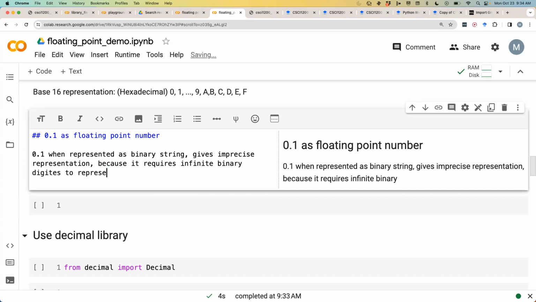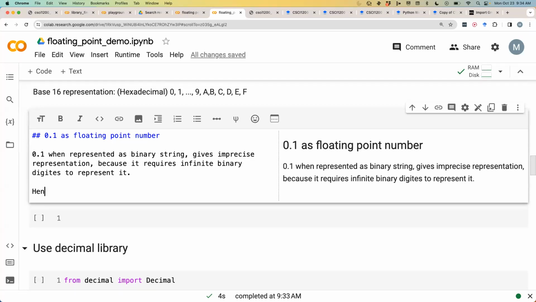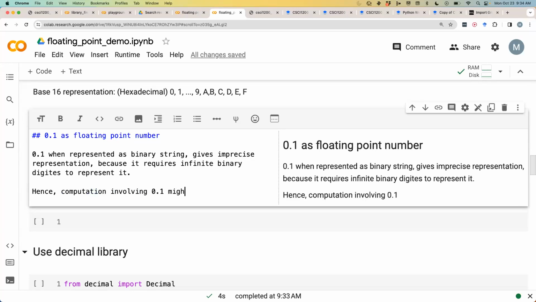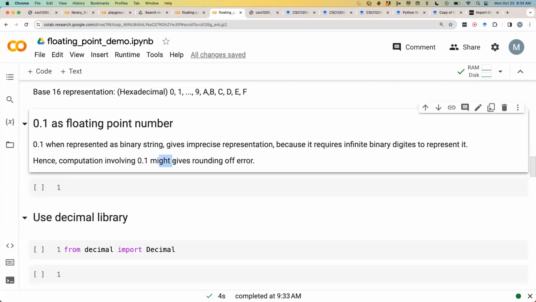And of course, we don't have infinite memory, okay? So hence, computations involving 0.1 might give rounding off error. So I put here "might give". Okay, we'll come to that later. Why is that so? Because sometimes we get rounding off error, sometimes we don't.